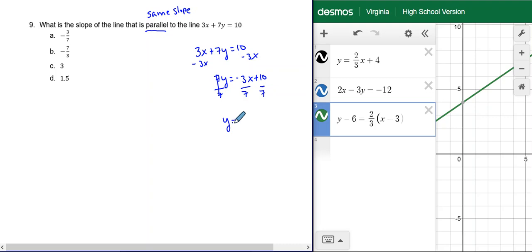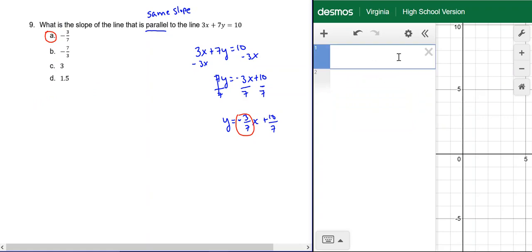So you have y equals negative 3 over 7x plus 10 over 7. So once I do this, I can tell what my slope is, which is negative 3 over 7. And since it has to have the same slope, that would be my slope. Okay.